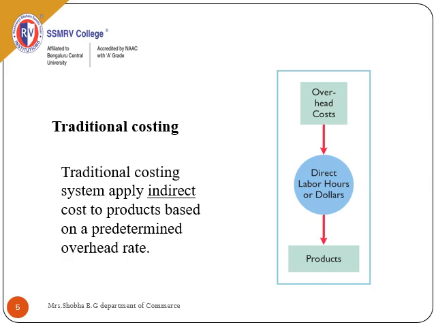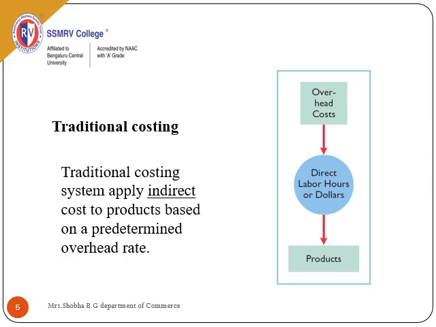Traditional costing is a system which applies indirect cost to the product based on a predetermined overhead rate. It means in traditional costing, the indirect expenses, the common expenses, are allocated on the basis of the overhead rate, which is usually either direct labor hours or direct machine hours.